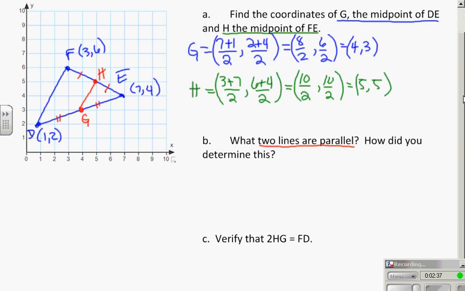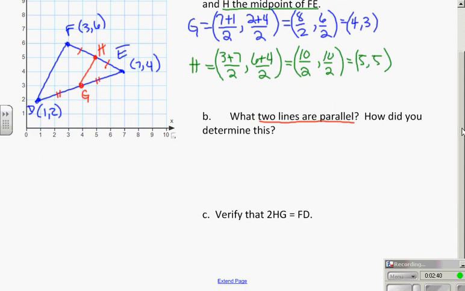So which two lines are parallel? Well, pictures lie, it's pretty sure that I'm going to check the slope of HG, which is 3 minus 5, remember y is on top, over 4 minus 5, which is negative 2 over negative 1, which is 2 over 1.